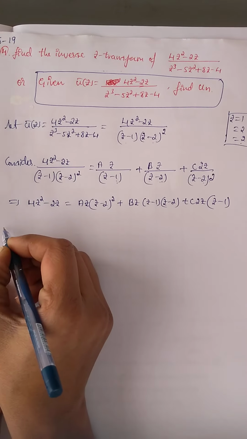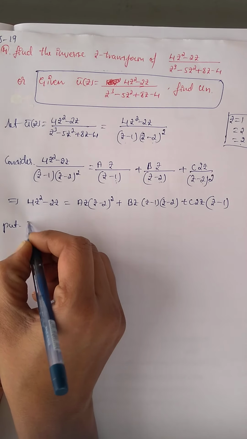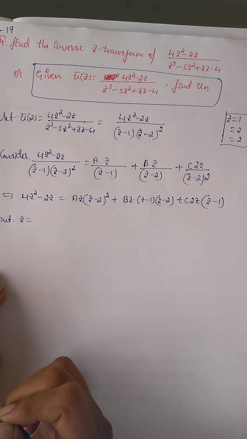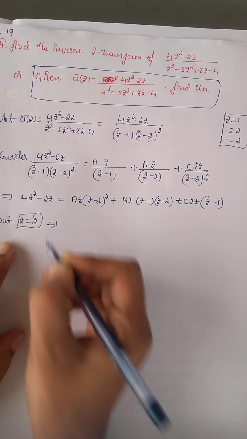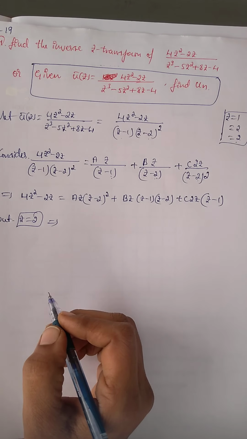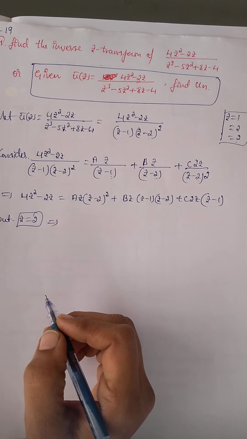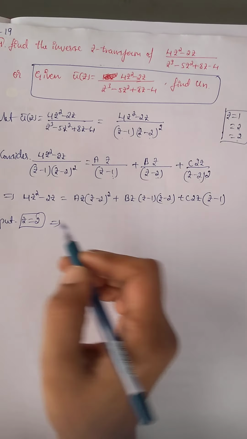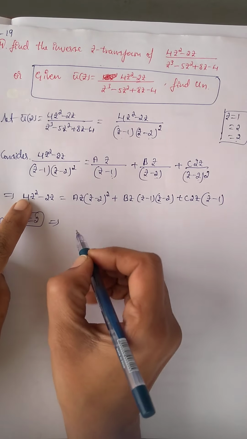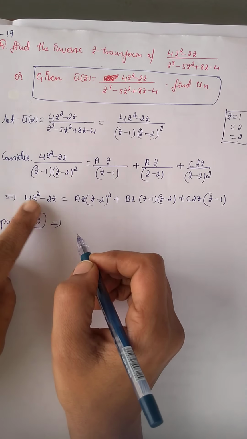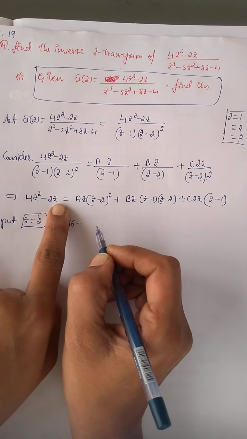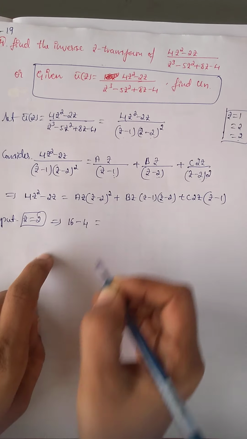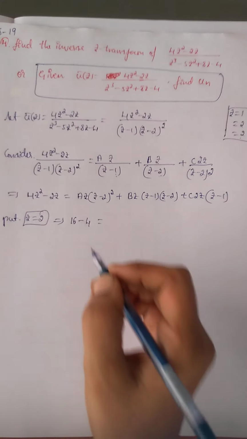For finding the A, B, C values, just take substitutions for z. First I take z equal to 2. The LHS gives 4 into 2 square, which is 16, minus 2 into 2, which is 4, so 16 minus 4.